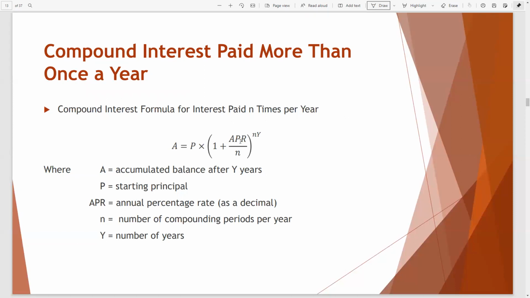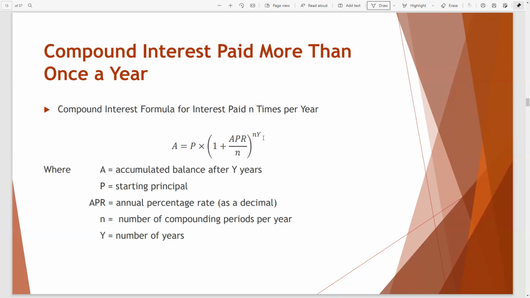So if your interest is 12% and you pay monthly, that will be 1% every month in your bank account. If the account pays 12 times every year for 5 years, that will be 12 times 5, 60 payments in total. So that's the n and the n times y.